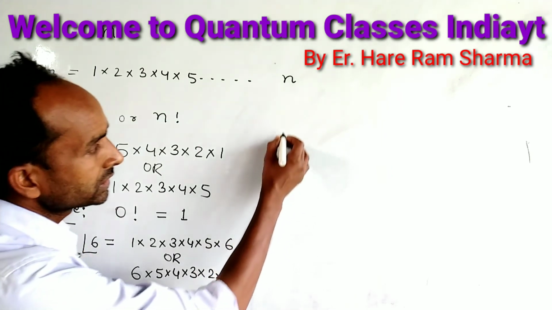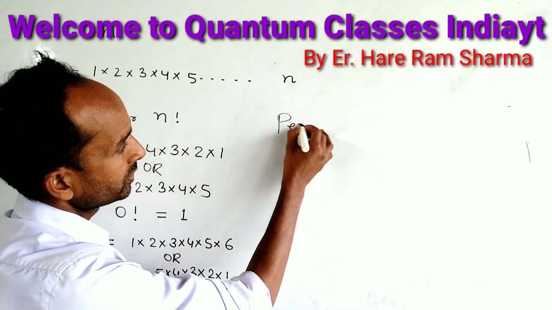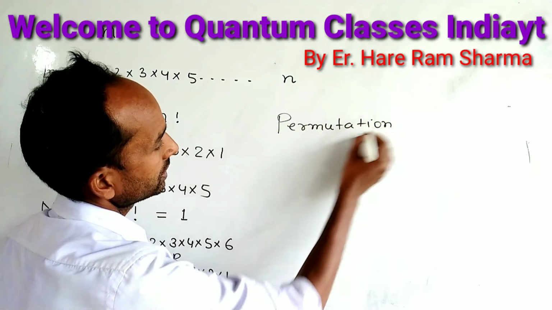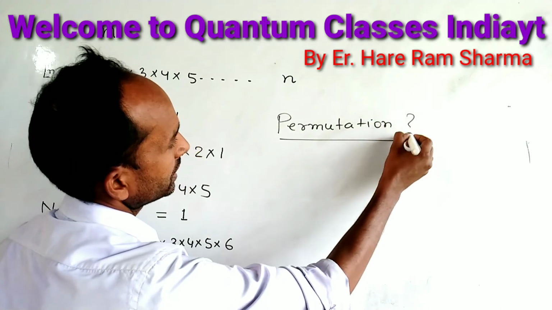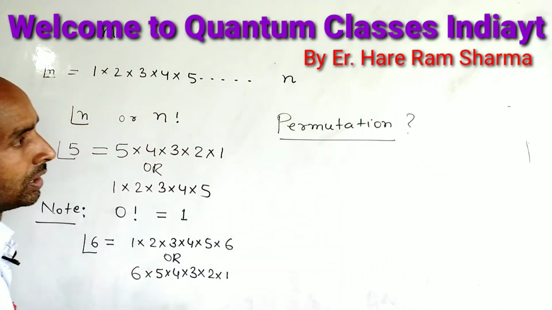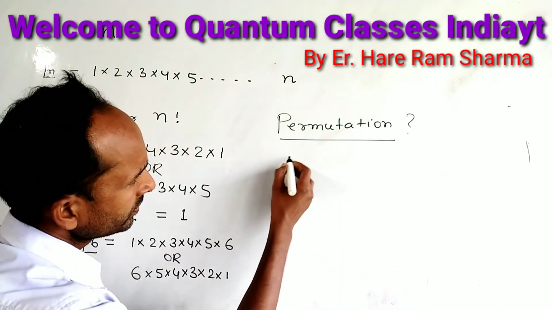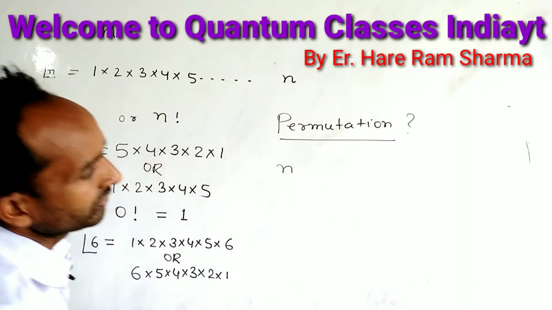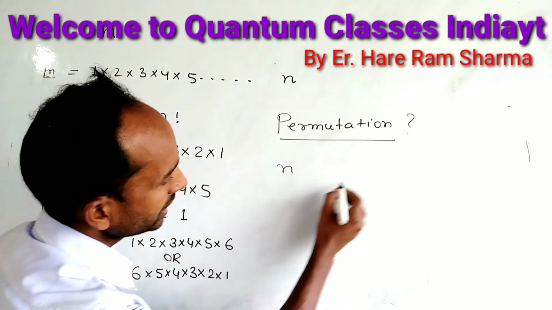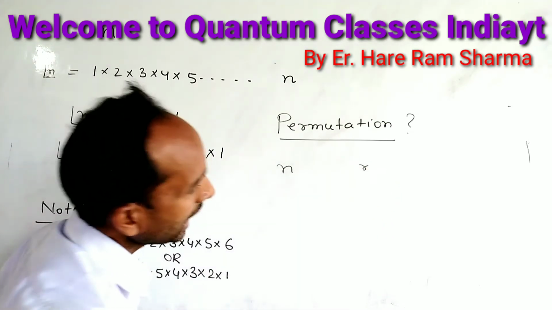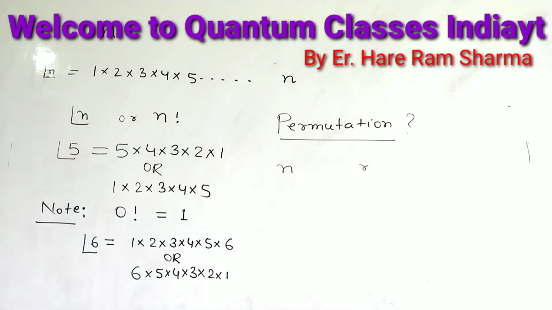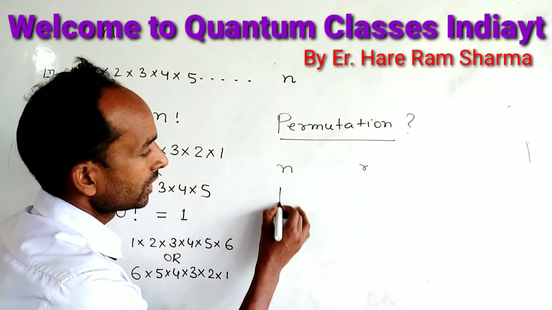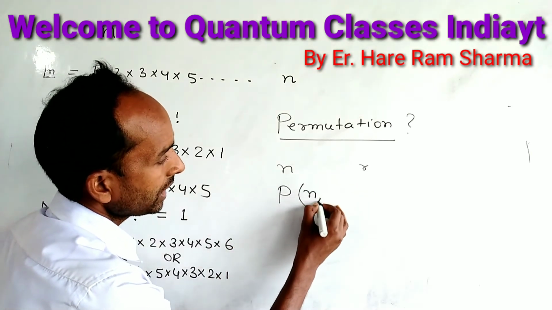Now let us know what is permutation. What is permutation? If there are n different objects and we have to select r objects or things at a time, then we can write P n r.